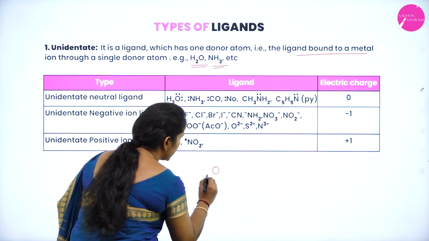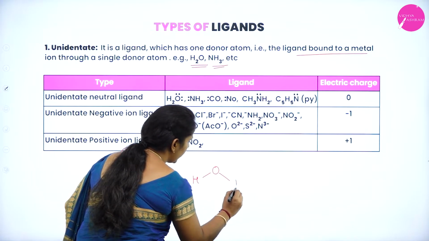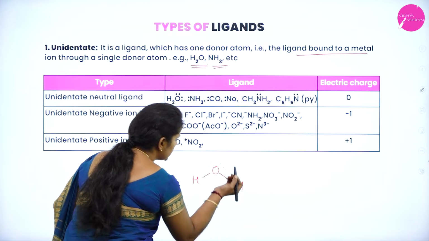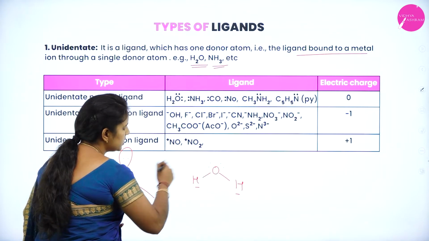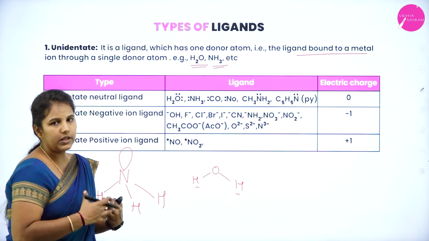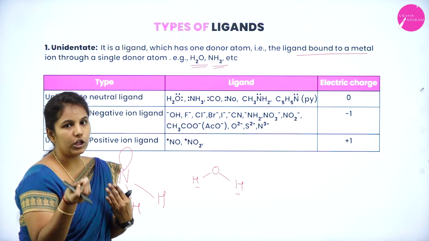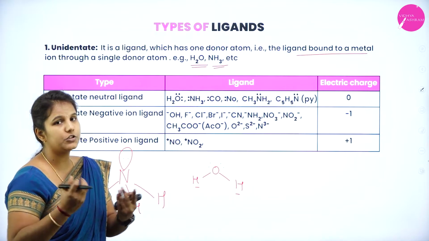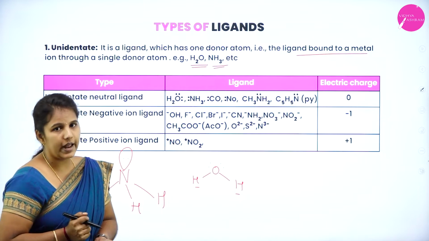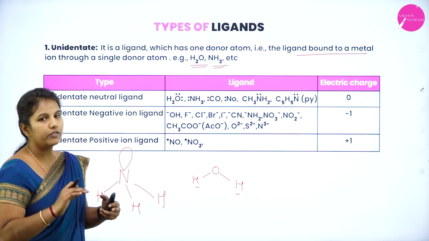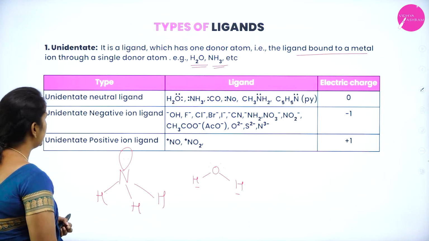Similarly, you can write the structure of water. Here also the 2 hydrogens form a bond with the oxygen. Hence, it is an example of a unidentate ligand, which forms what? A single donor bond with the oxygen atom, or with the nitrogen atom, or with the central atom.